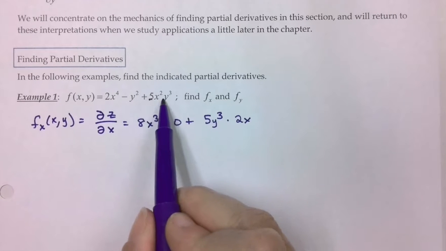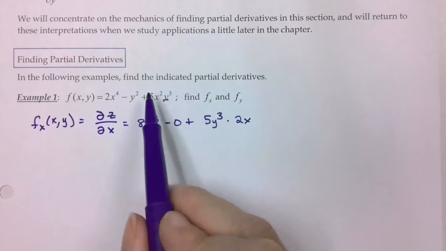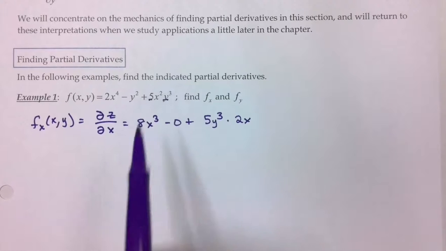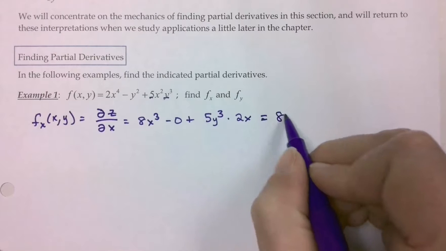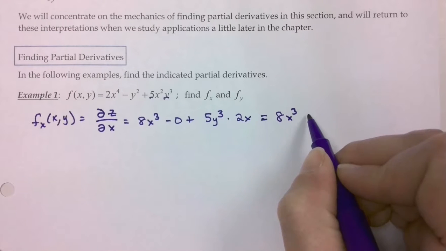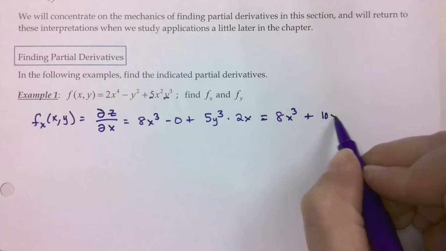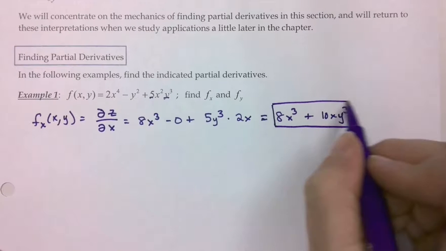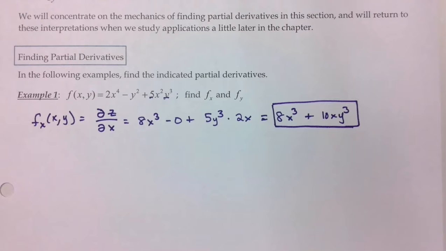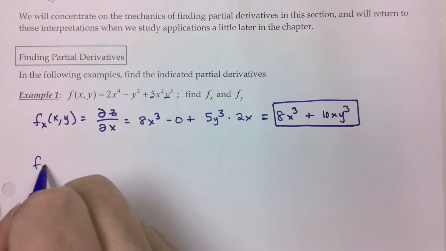So you treat the 5 and the y cubed as if they're constant, and then take the derivative of the x squared part. So that would mean that the partial derivative is 8x cubed plus 10xy cubed. And there you go.